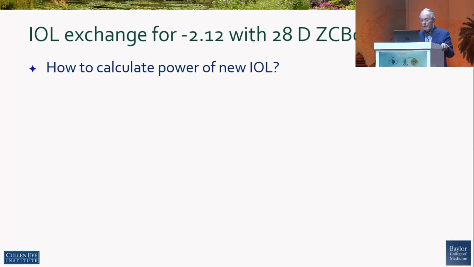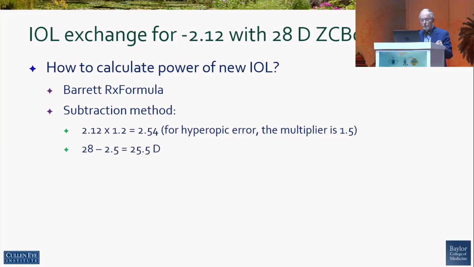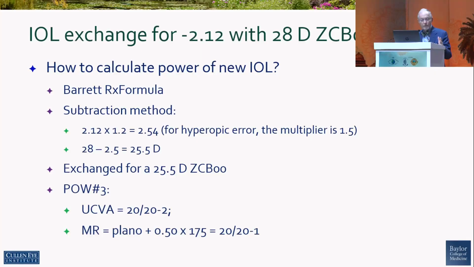How do you calculate the power when you're doing an IOL exchange? Well, the Barrett formula is very good. And there's also what we call the subtraction method, where you simply take the myopic error and you multiply by 1.2, very simple rule of thumb, and both the Barrett and the subtraction method said I should put in a 25.5, which I did, and she ended up plano plus a half at 175.